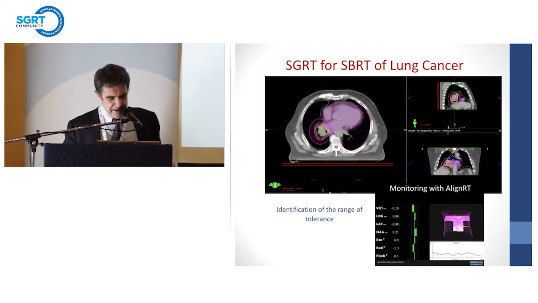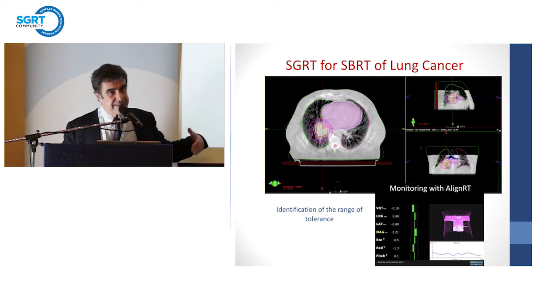And then we use aligner T to monitor the movement of the patient, just to be sure that the patient maintains the range that we decided to use for the treatment. But we are still implementing. We do not yet have clinical and reliable data to present.